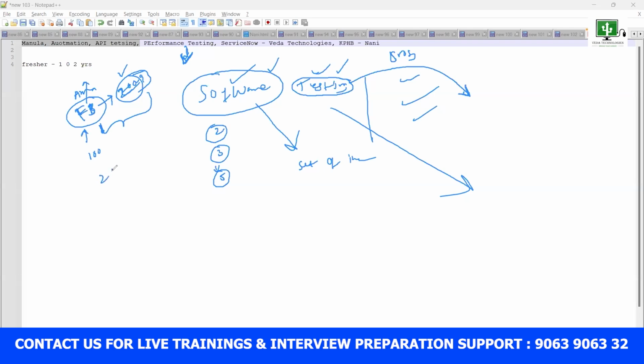Next, in 2013, how many people had increased? And in 2023, how many people are using Facebook? Almost everyone, people in the millions, in the crores, right?